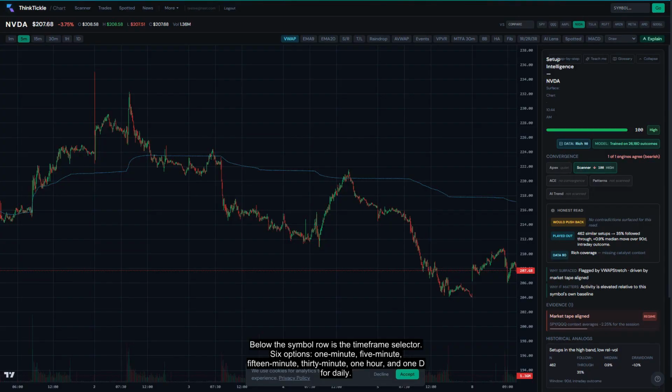Below the symbol row is the timeframe selector. 6 options, 1 minute, 5 minute, 15 minute, 30 minute, 1 hour, and 1D for daily.